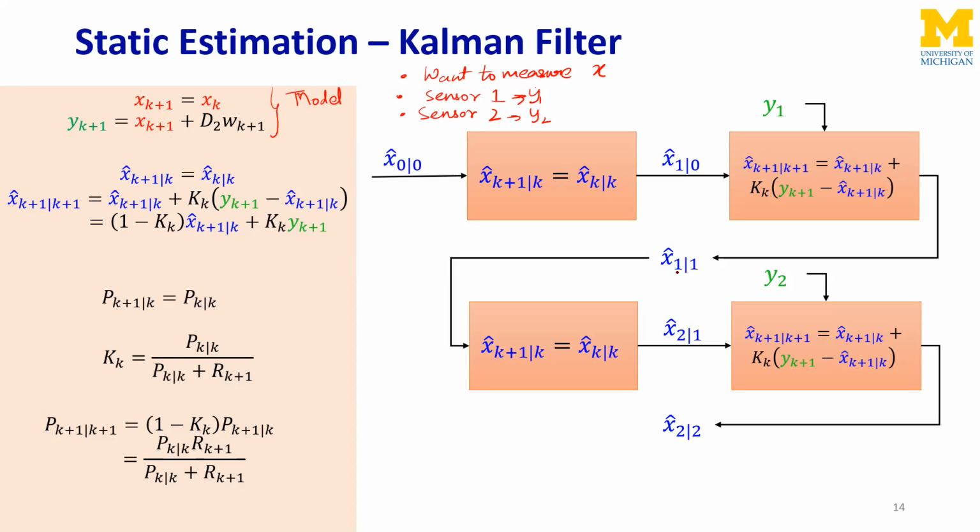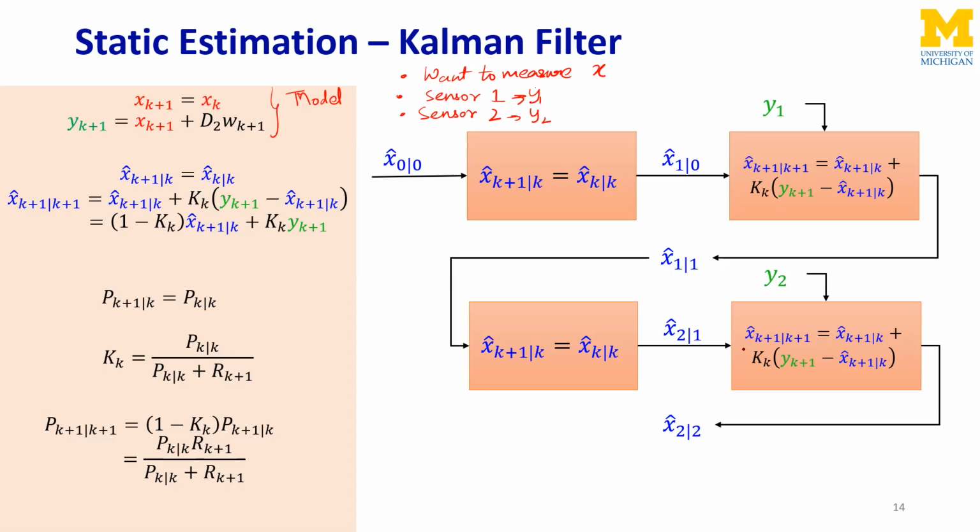So this first estimate has been obtained just by using the first measurement. Then I can pass this through the second copy of the Kalman filter. These two blocks are one implementation of the Kalman filter.